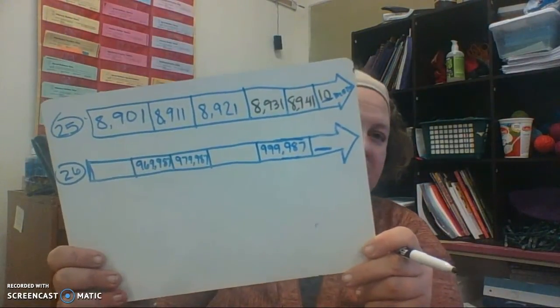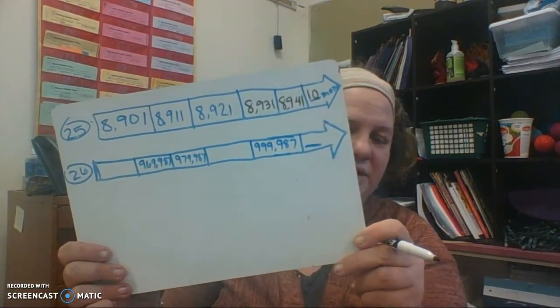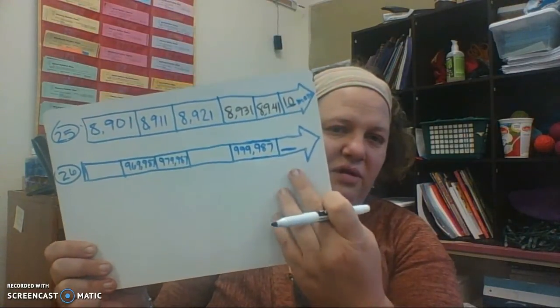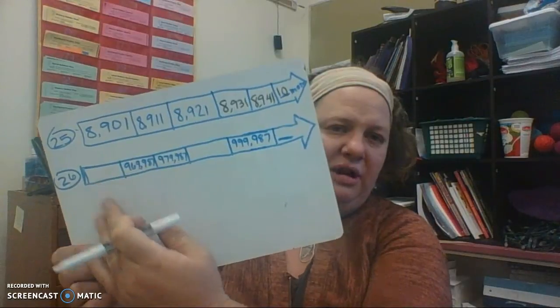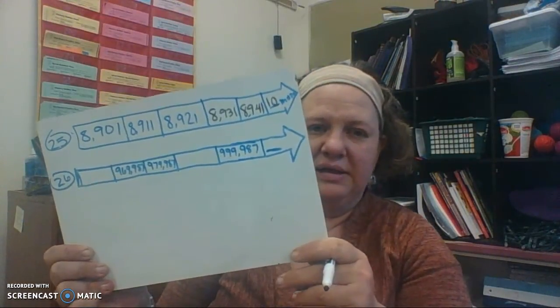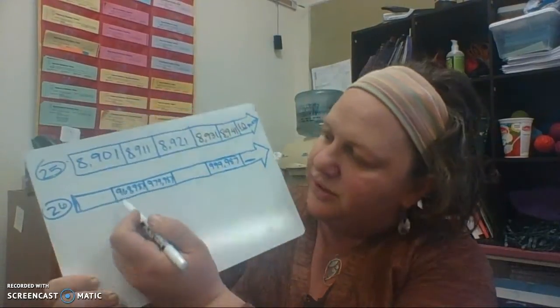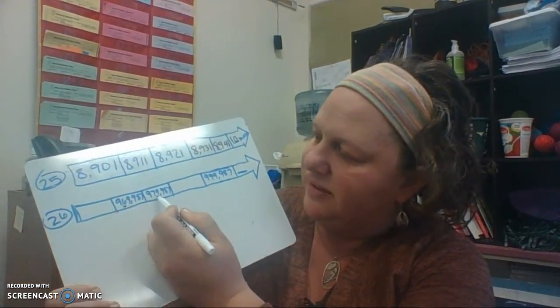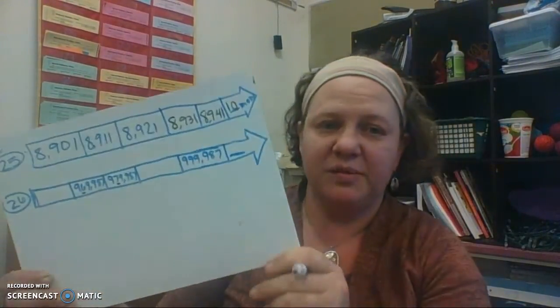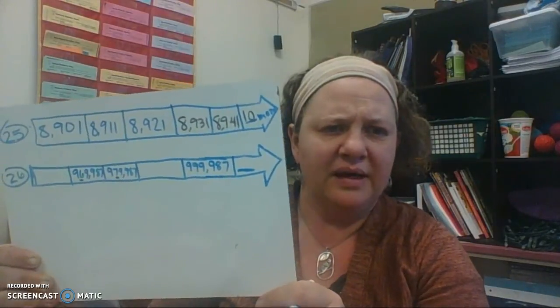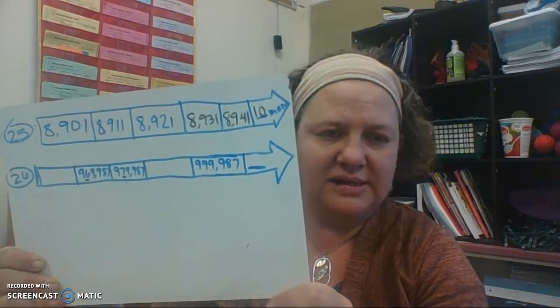For number 26, this one you have to figure out what's going on before the pattern over here as well as in the middle. So you have to look at the numbers carefully. If we look at those, it looks to me like all the numbers are the same except for the 10,000s place value. So we have the 10,000s place value here, the 10,000s place value there, and it looks like they're increasing as they go.